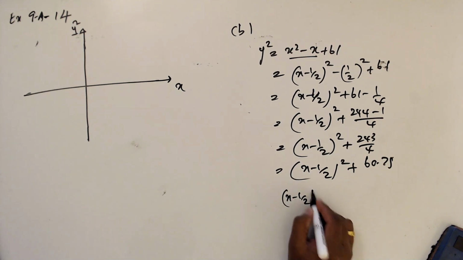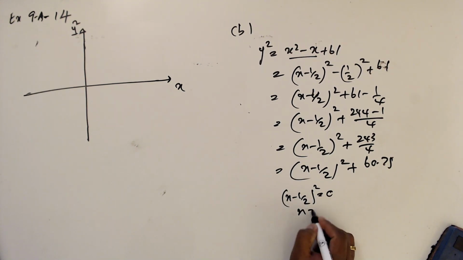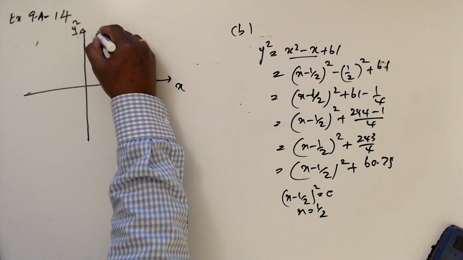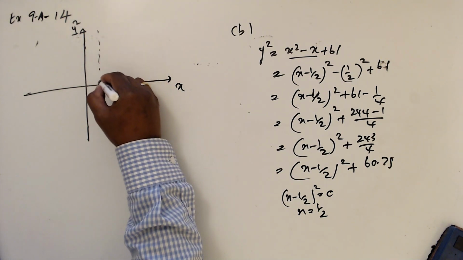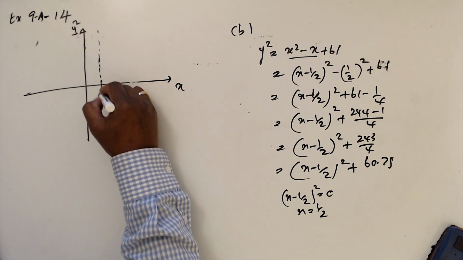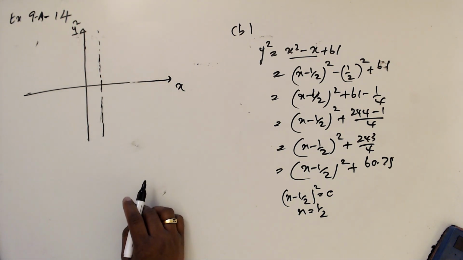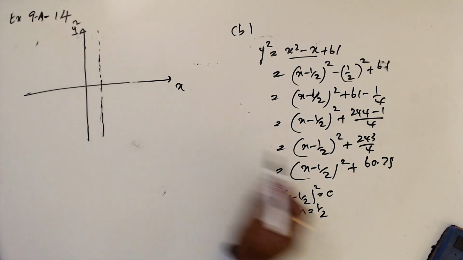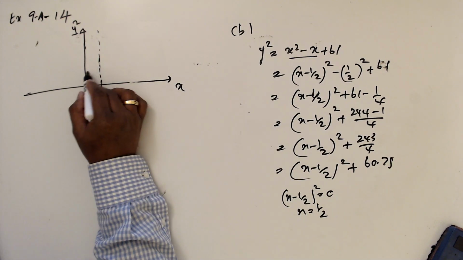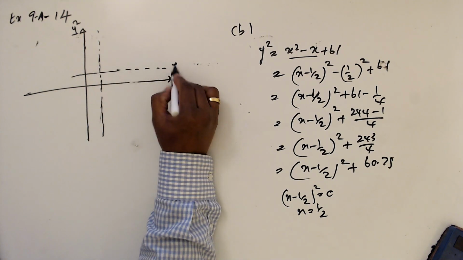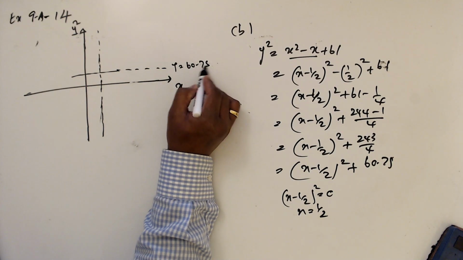The symmetric line we can find: x minus half squared equals 0, x equals half. So the symmetric line is x equals half, and 60.75, this is the y equals 60.75 line.